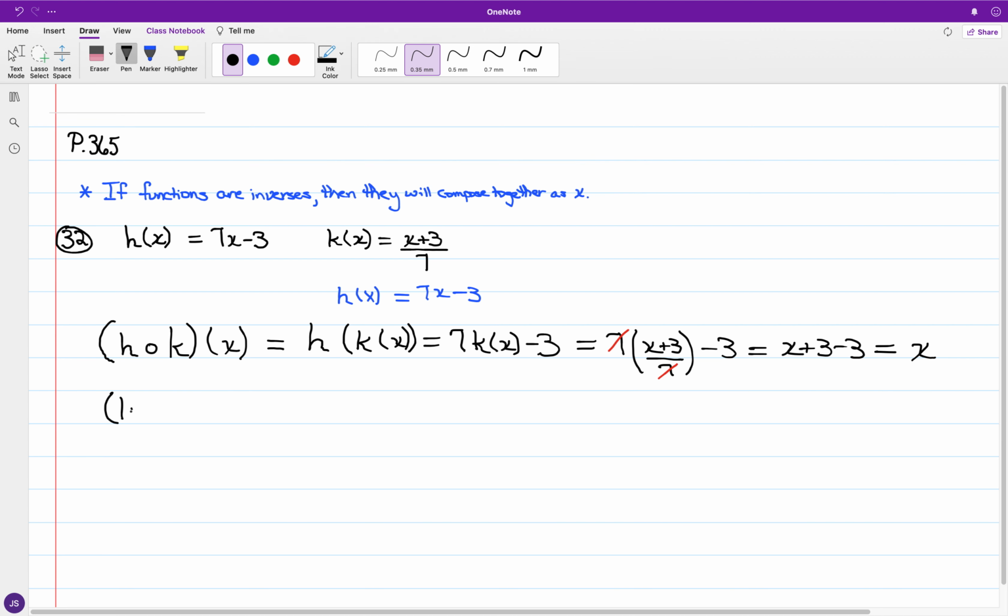And if we do it the other way around, we have k composed with h of x. So we now have k of h of x, operating in line with k of x, which is equal to x plus 3 all over 7.